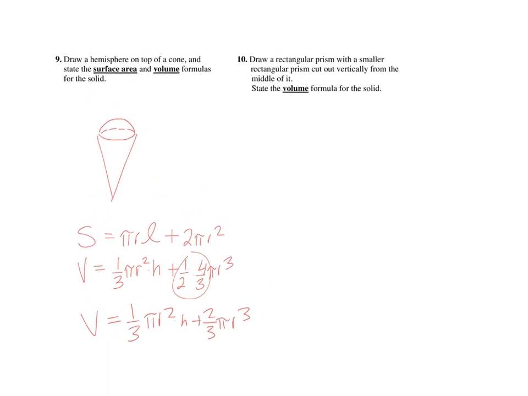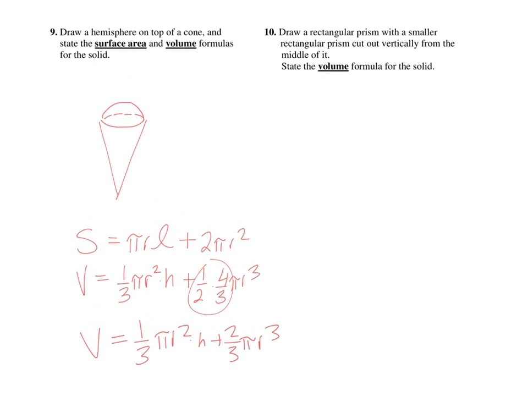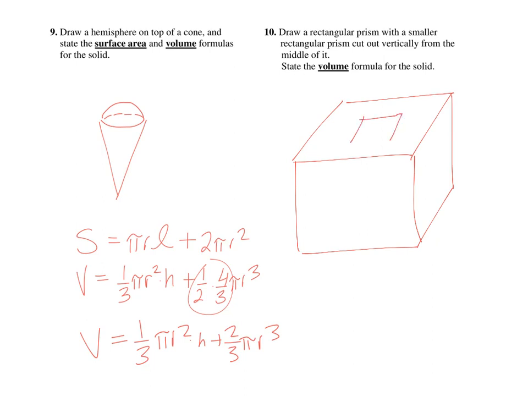Okay. And then for number 10, draw a rectangular prism with a smaller rectangular prism cut out vertically from the middle of it. State the volume formula for the solid. All right, so you have a prism here. Then you got this. Then I have this.